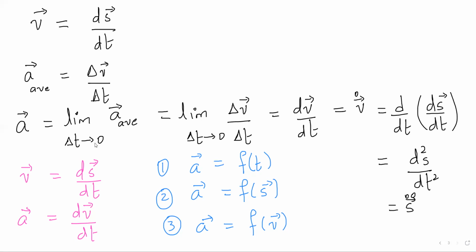So instead of going to the next slide, let me talk about case one. So acceleration is equal to dv by dt. Now, when I say case one, that means, let's say in a problem statement, I'm the one telling you a is equal to 3t power 2.